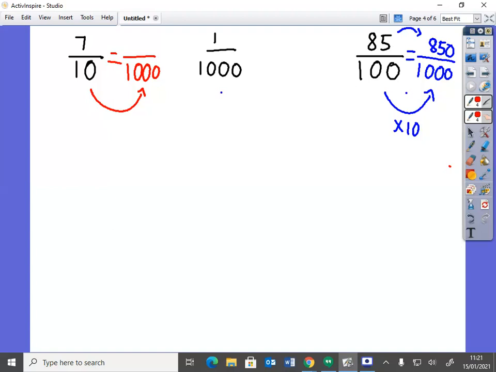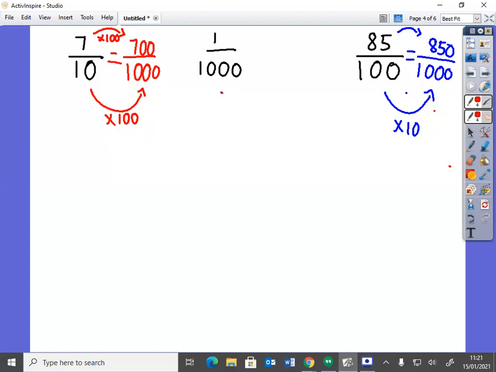Well done if you're able to identify by looking at the place value, looking at the zeros. I've multiplied it by 100. So I must do that to the top, which gives me the answer of 700. So I have 700 thousandths here. I have 1,000th here, and I've got 850 thousandths here.